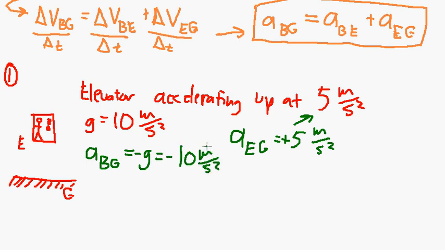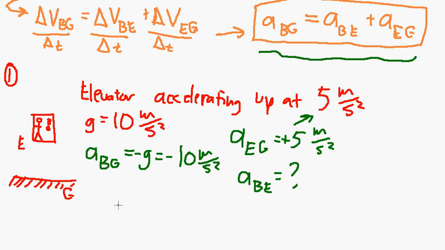So let's say we want to find the acceleration of the ball with respect to the elevator. Well, we take this equation here and plug these things in. Even if we didn't have this equation handy, we could still put one together using our subscripts.